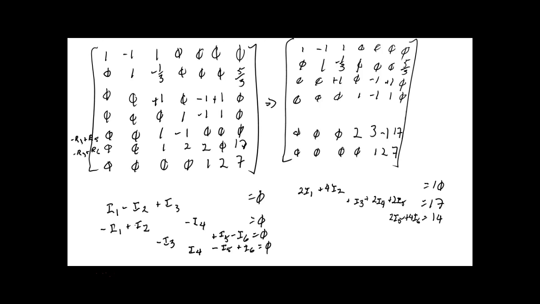Now, what's the next thing we want to happen? Let's review. We got a 1 there, 0 below it, a leading one in row 2, 0 below it, a leading one in row 3, 0 below it, a leading one in row 4, but we need that to become a 0. So how do we make that happen? No, that makes it a 1. We want it to become a 0.